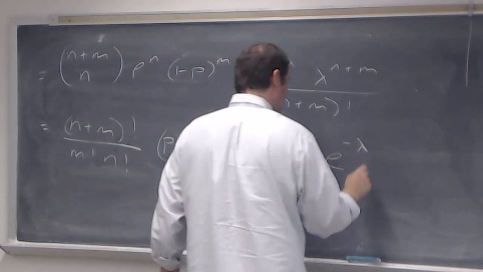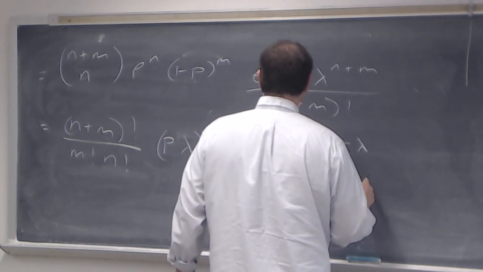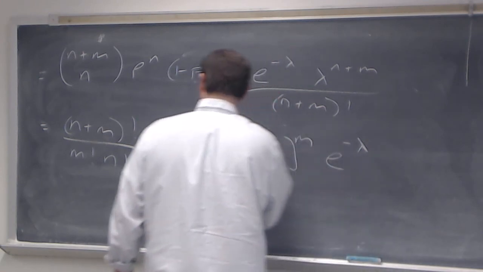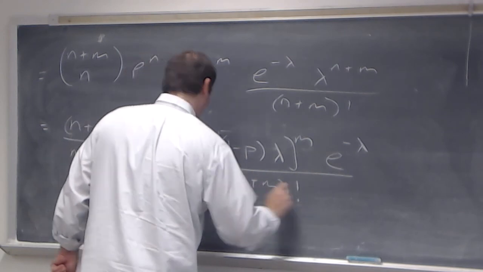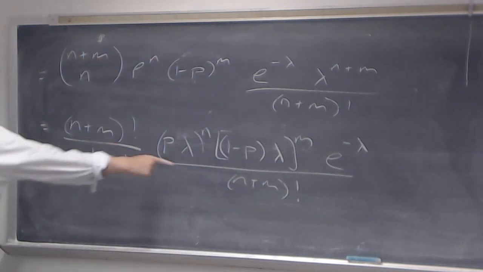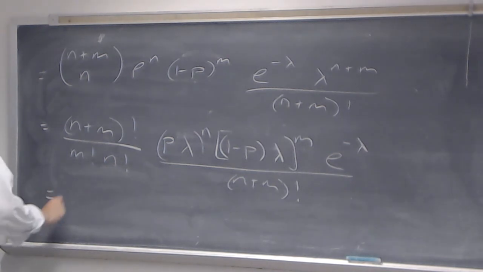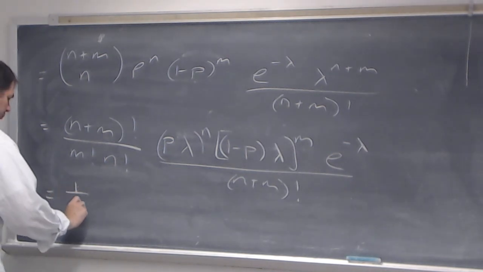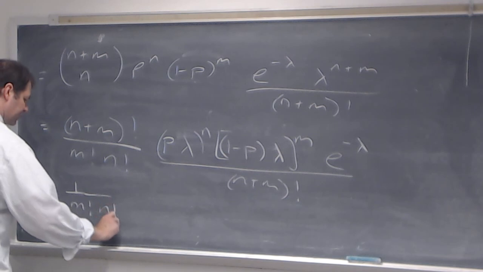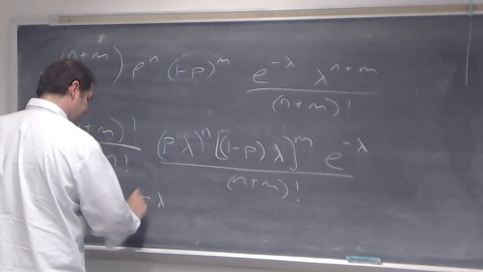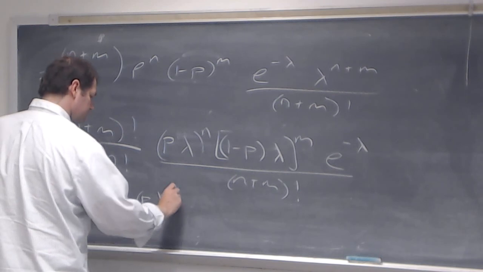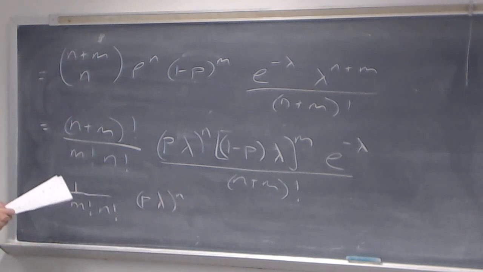Here's e to the minus lambda, and then this is all over n plus m factorial. That n plus m factorial will cancel. We're left with 1 over n factorial on the bottom, times p lambda raised to the n.